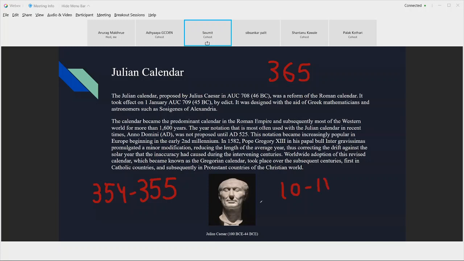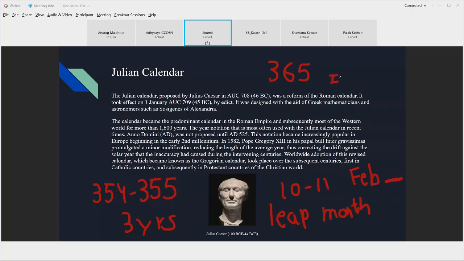So basically, what the Romans did was after every 3 years, they added something called a leap month, and it used to be inserted after February. After February, there was this leap month called the intercalary month.